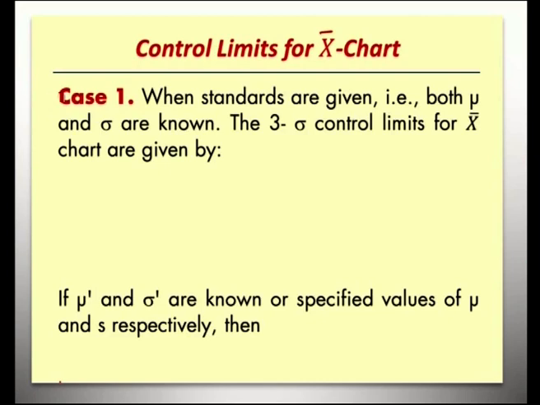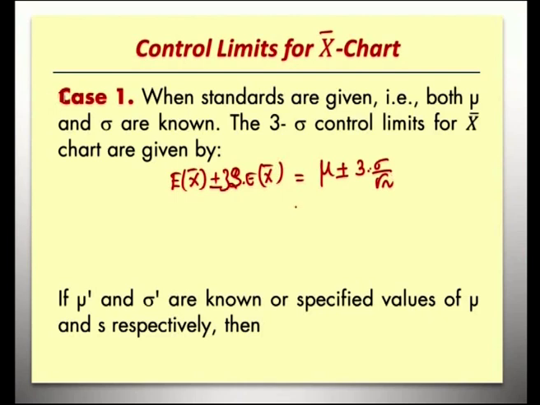In the first case, when standards are given, that is, both mu and sigma are known, the 3 sigma control limits for the x bar chart are given by the expectation of x bar plus or minus 3 times the standard error of x bar, which is equal to mu plus or minus 3 times sigma by root n.